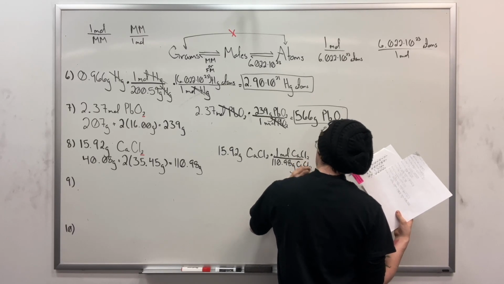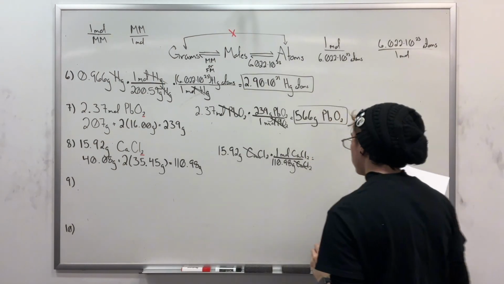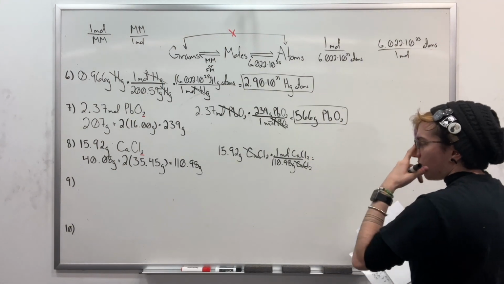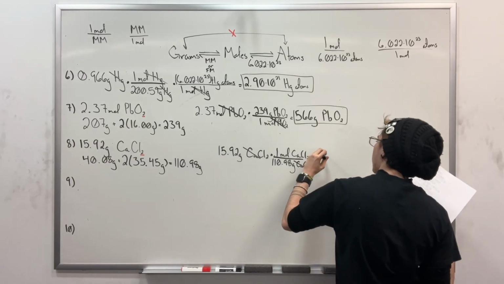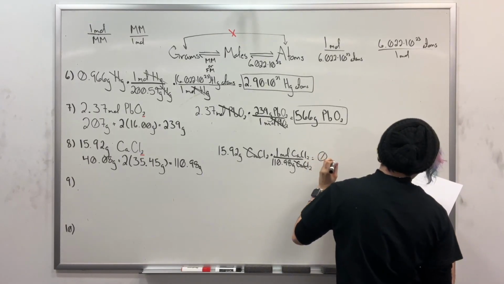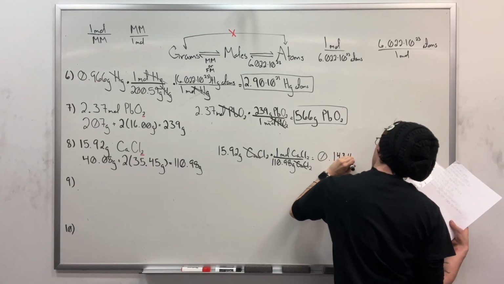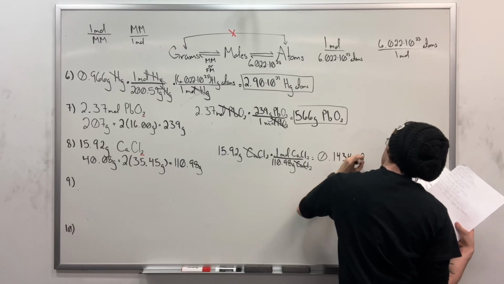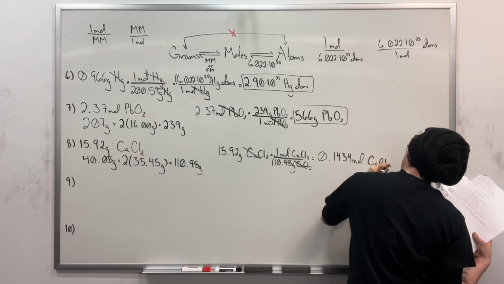Grams has to go on the bottom for our units to cancel out and get into moles. So if you have 15.92 grams of calcium chloride, that means you have 0.1434 moles of calcium chloride.